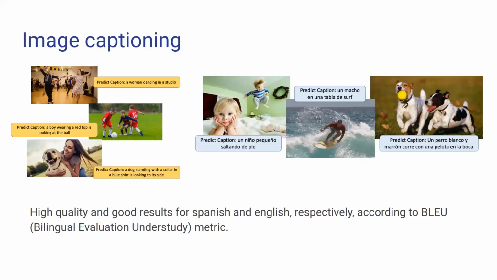So this is the method that we use, and the result that we obtain in the case of the image captioning step. These are some results for English and for the Spanish language.